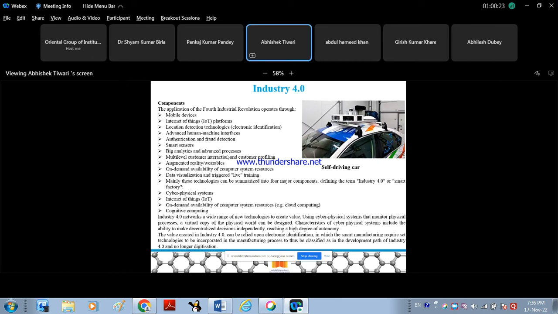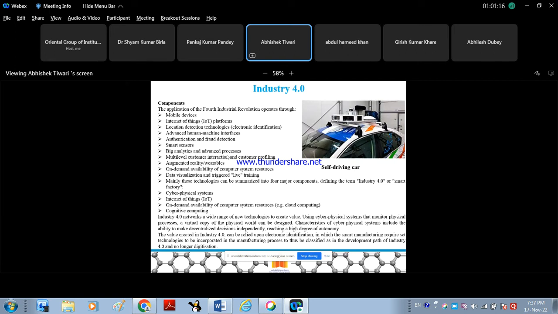Now, what are the components that govern Industry 4.0? So, the application of Industry 4.0 operates through mobile devices, Internet of Things, location detection technologies like electronic identification, advanced human machine interfaces, authentication and fraud detection, smart sensors, big data analytics and advanced processes, multi-level customer interaction and customer profiling, augmented reality, wearables, on-demand availability of computer system resources, data visualization, and triggered live training.